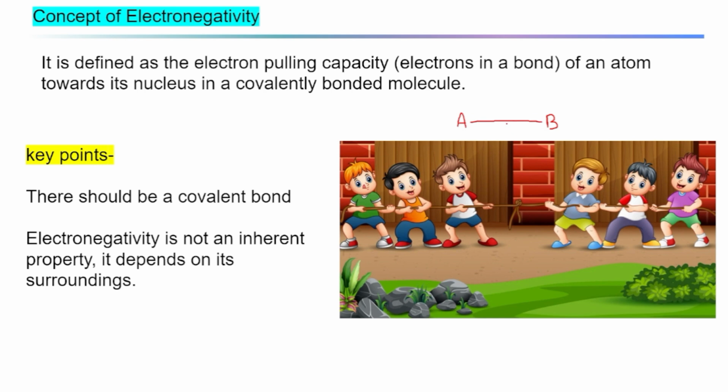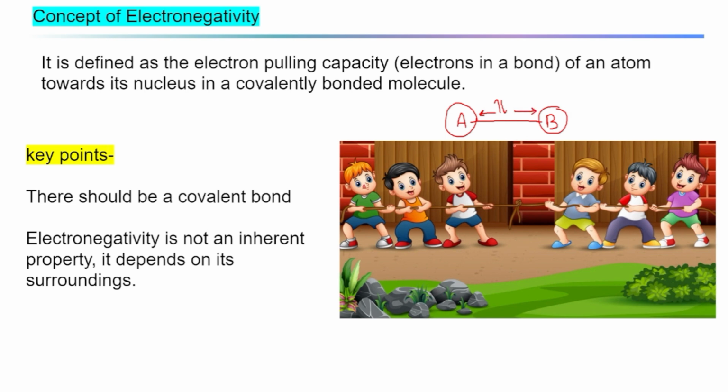Now this bond consists of electrons, two electrons. Two electrons make a bond. So this atom A will try to pull those electrons towards itself. Similarly, this atom B will also try to pull these electrons to its side.